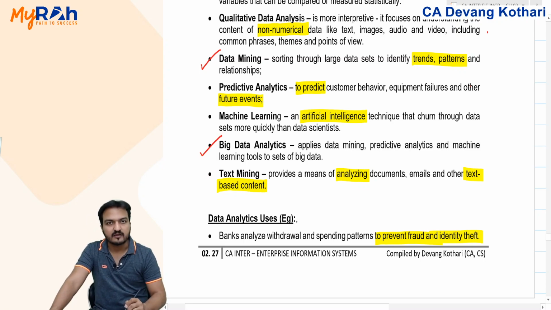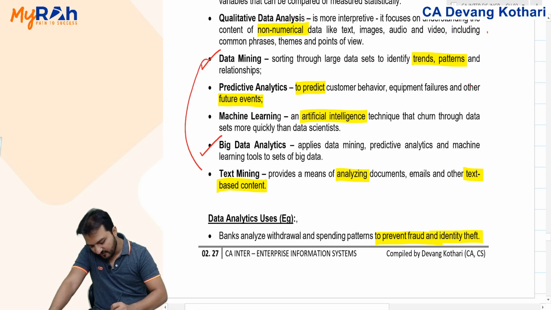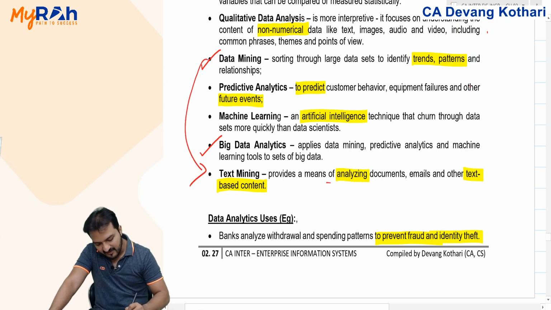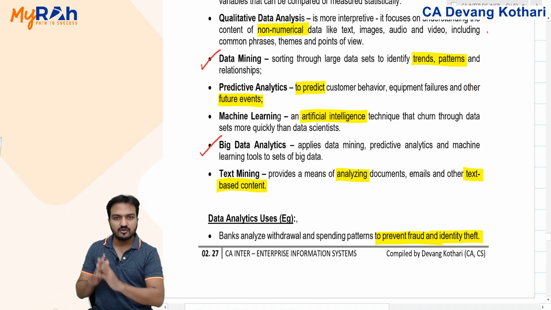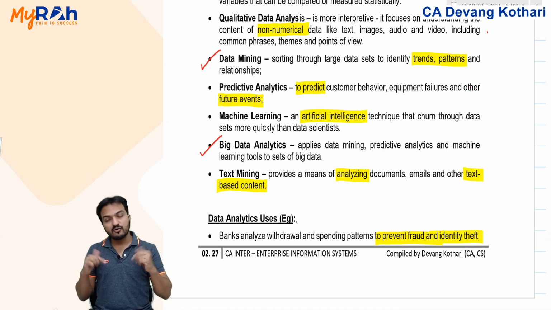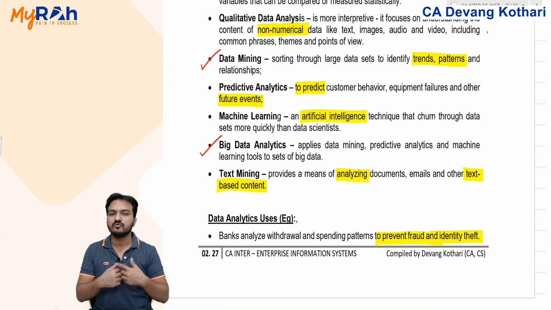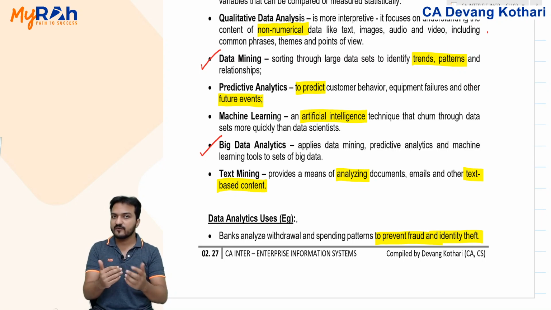And text mining. Text mining is just a different version of data mining where it will be analyzing text-based content. For example, when you receive some mail in your Gmail account, Google will read your email, analyze the text and give you indications or notifications accordingly.